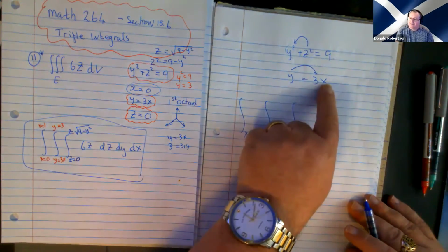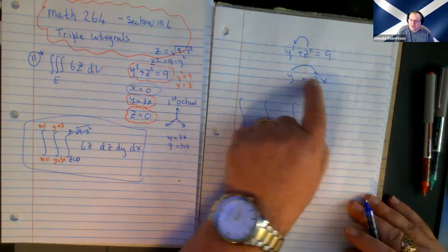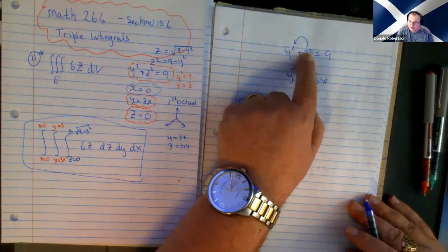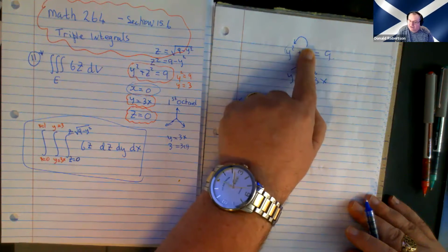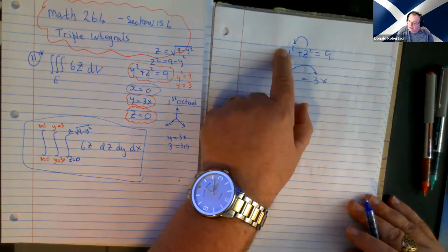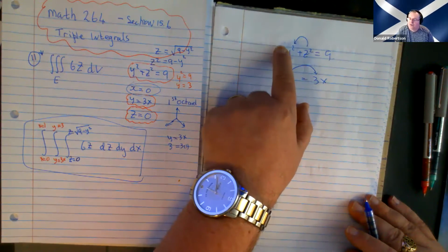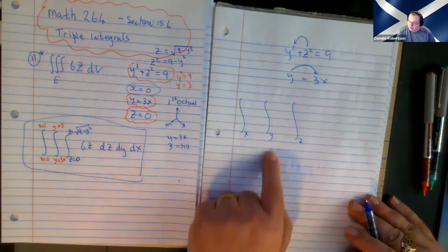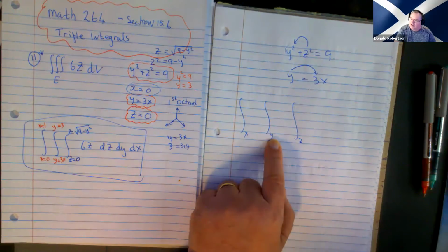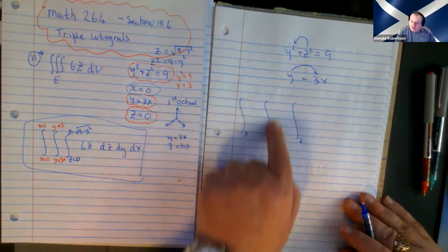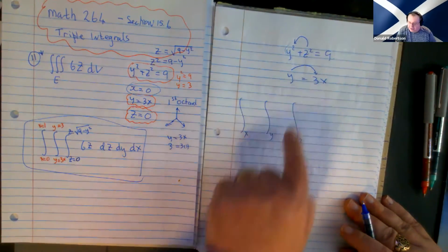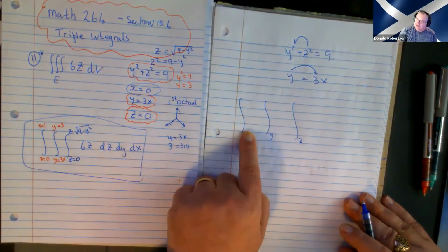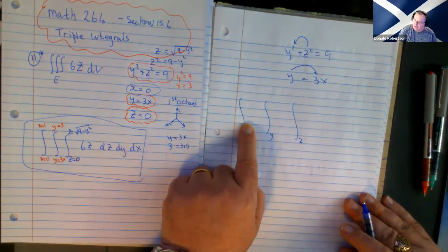But let's say I'm going to use z. Well, if I do z, isn't z going to be in terms of y? And since z is going to be in terms of y, doesn't that make y have to be in the middle? One leads to the other. Now, once I get y's, won't y's be in terms of x? That's okay, because y needs to be in terms of x, so that isn't going to break any rules.